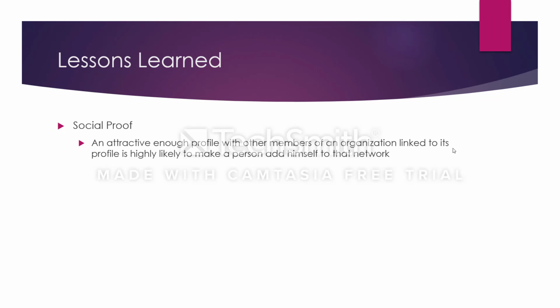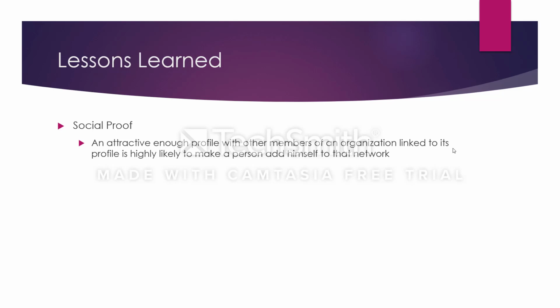Another lesson you can learn about is what's called social proof. This is where an attractive enough profile with other members of an organization linked to its profile is highly likely to make a person add himself to that network. So think about someone with a Facebook profile that has 200 mutual friends.